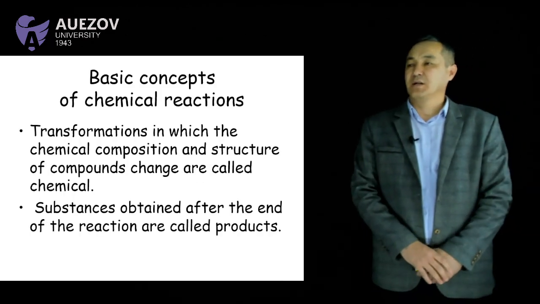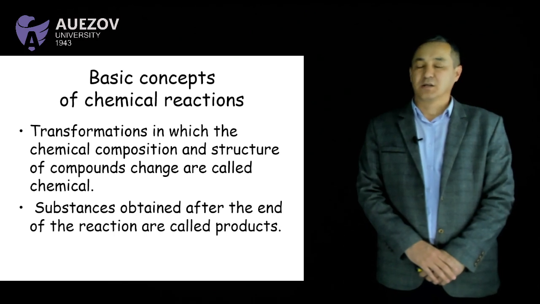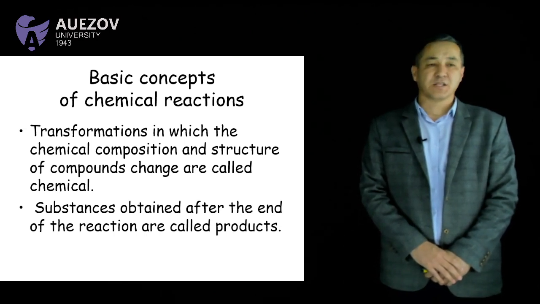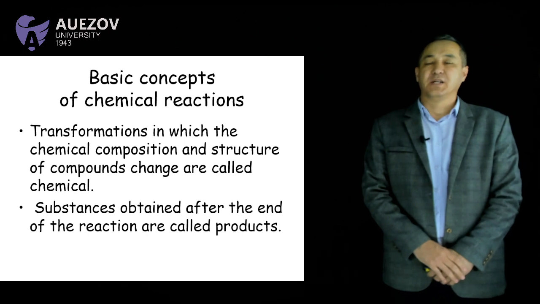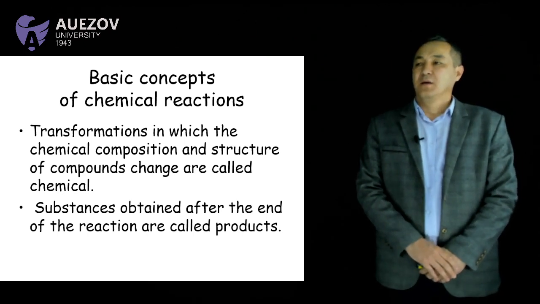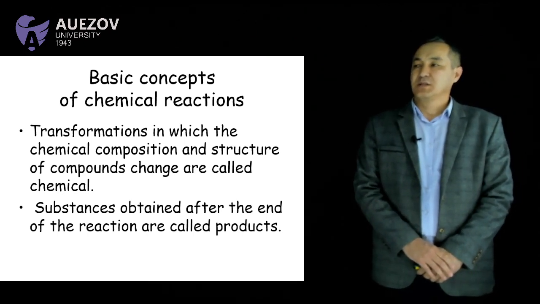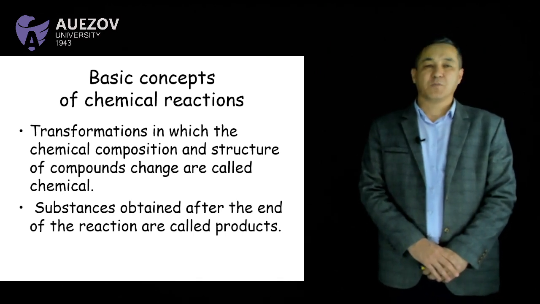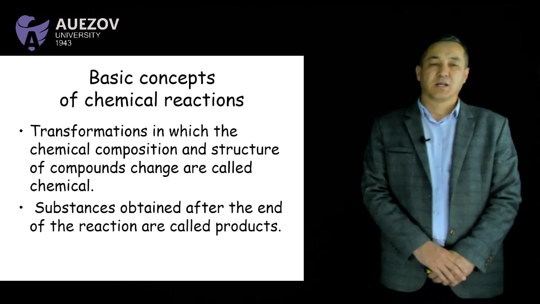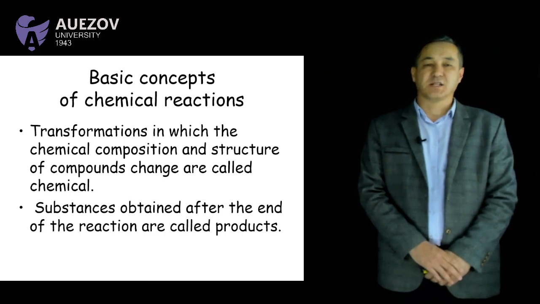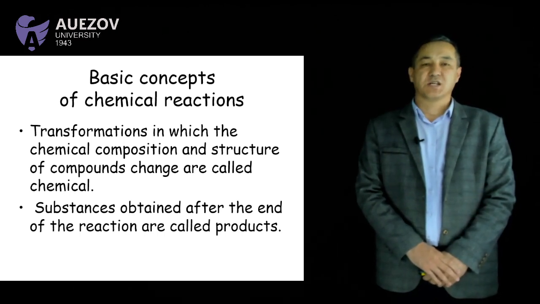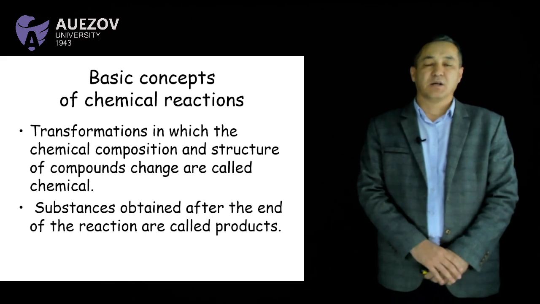Before we consider these types of chemical reaction, we need to consider the basic concepts of chemical reaction. A transformation in which the chemical composition and structure of a compound change is called a chemical reaction.